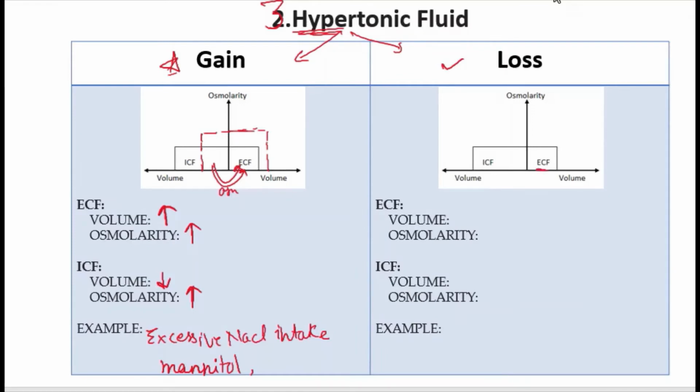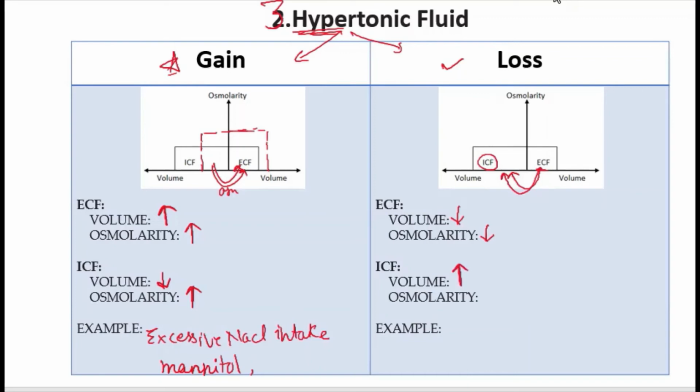Now when we deal with hypertonic fluid loss, the hypertonic fluid is lost from the ECF compartment. So the ECF compartment volume will decrease, and because hypertonic solution is lost from the ECF compartment, the osmolarity of the ECF compartment will also decrease. When the osmolarity is decreased in the ECF compartment, water shifts from the ECF compartment to the ICF compartment, which means the ICF volume will increase.